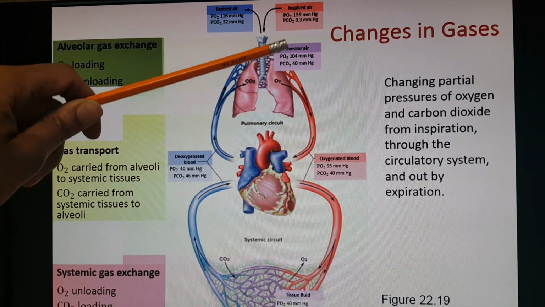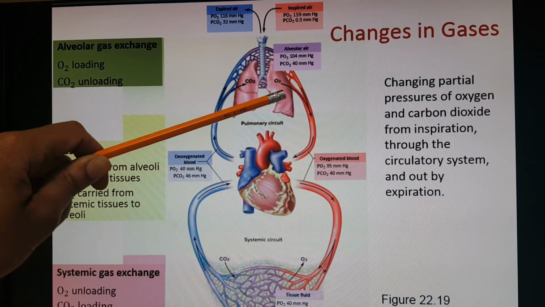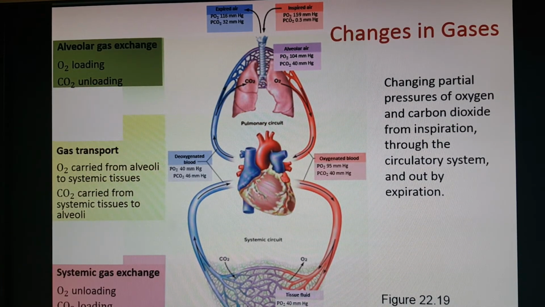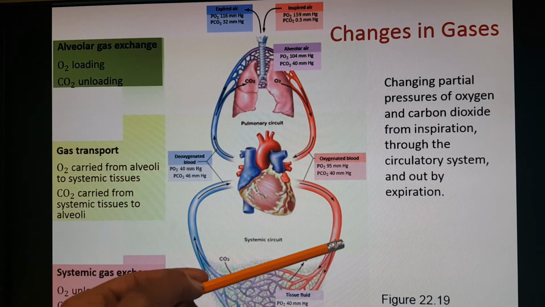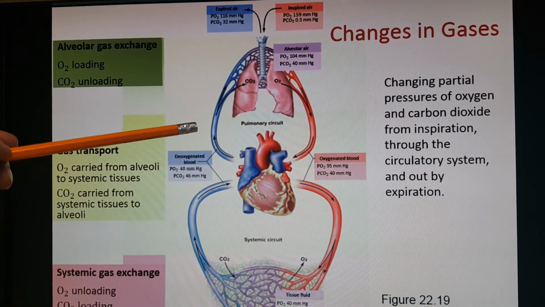For example, there is a dramatic increase in the partial pressure of carbon dioxide by the time the air reaches your alveoli, because it mixes with the leftover gas from the last gas exchange, as well as carbon dioxide from the deoxygenated blood. The alveolar air has a lot higher concentration of carbon dioxide. So as you unload your oxygen and load up your CO2, your pressures change as you go through the system.